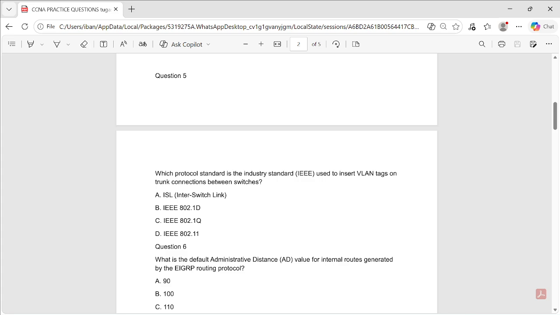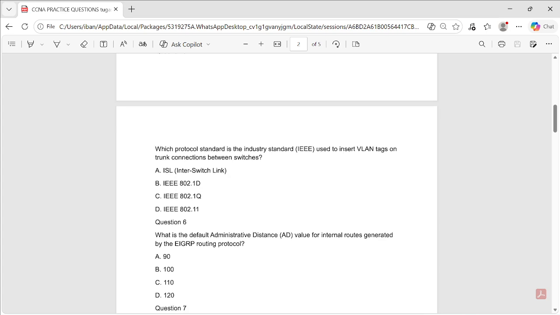The correct answer is C, IEEE 802.1Q, often abbreviated .1Q, an open industry standard for VLAN tagging on trunk links. ISL is also a trunking protocol, but it is Cisco proprietary and rarely used on modern devices.